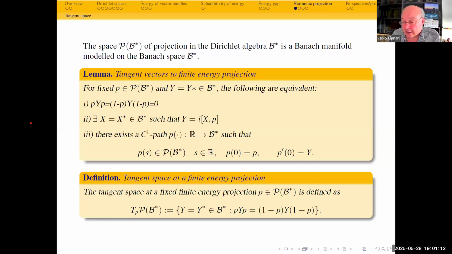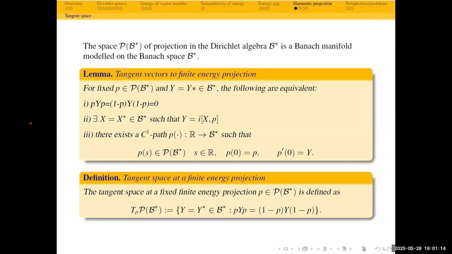Yeah, now we can hear you. Okay, yes. So I was not asking about mappings, harmonic mappings between manifolds. I was asking about the Dirichlet functional as a function on the space of these projections.